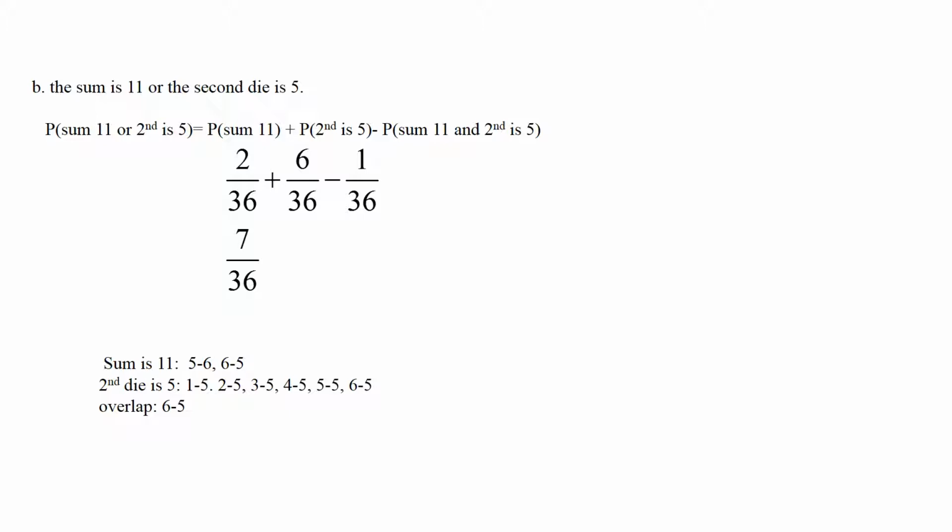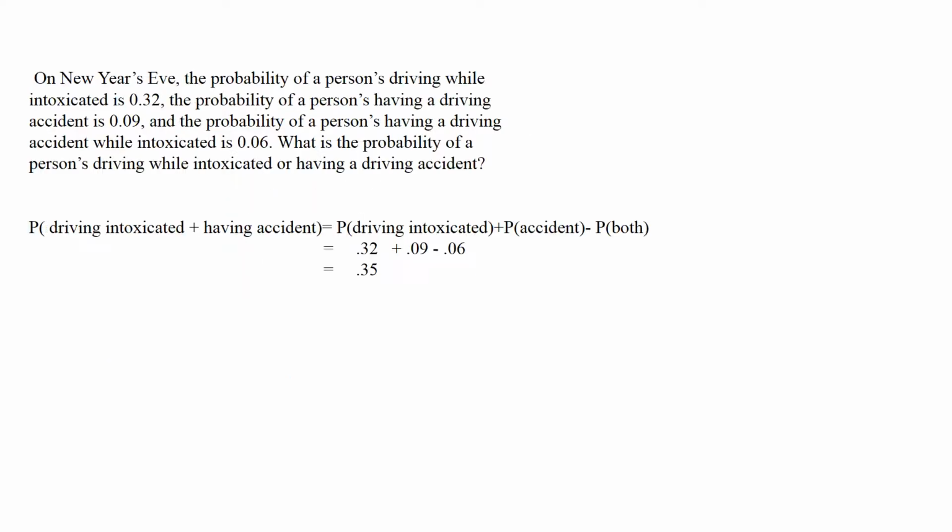You could roll 1-5, 2-5, 3-5, 4-5, 5-5, 6-5. The overlap is rolling the 6-5. It is counted in both categories. The answer is 2 out of 36 plus 6 out of 36 minus 1 out of 36, which equals 7 out of 36.